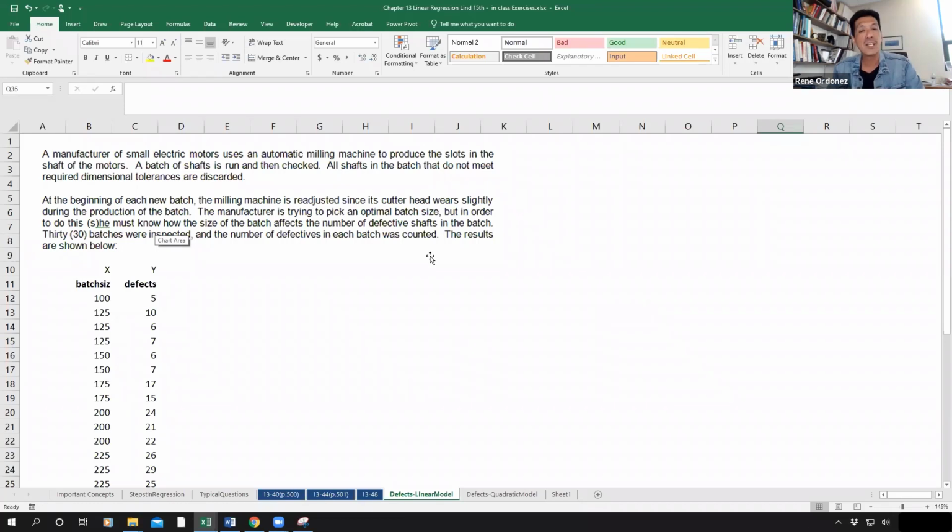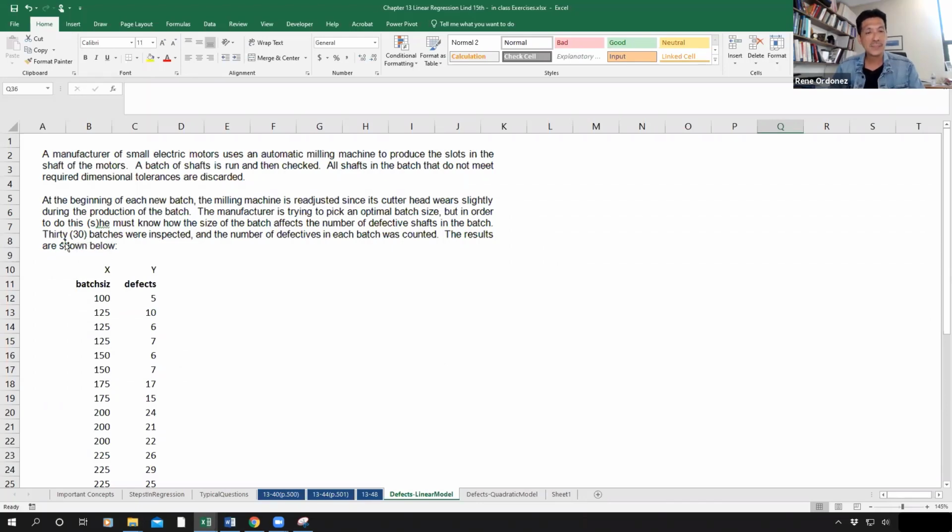At the beginning of each new batch, the milling machine is readjusted since its cutter head wears slightly during production of the batch. The manufacturer is trying to pick an optimal batch size. So this would be the batch size. But in order to do this, he or she must know how the size of the batch affects the number of defective shafts that are produced in the batch.